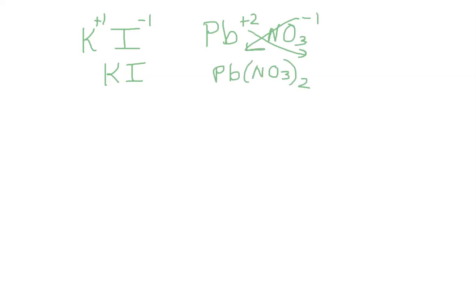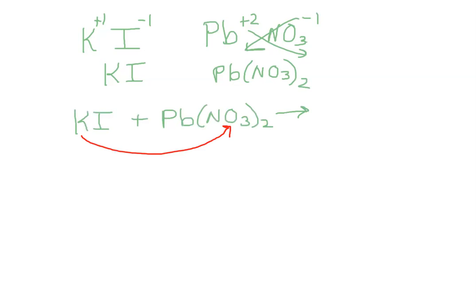So then the equation says that we have potassium iodide plus lead nitrate. And it's double replacement. So that means that the potassium now is going to go with the nitrate, and the iodine, whoops, other way around, and the lead is going to go with the iodine.